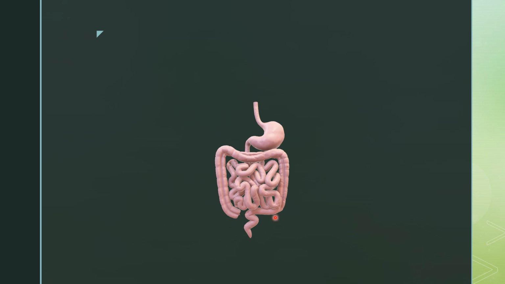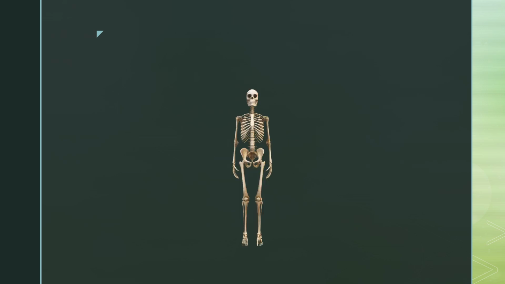Now, there's no way we can talk about prostate cancer in detail without referring to the gastrointestinal tract, particularly the large intestine, the anus, the rectum. Now, someone will ask, why bring that skeleton here?